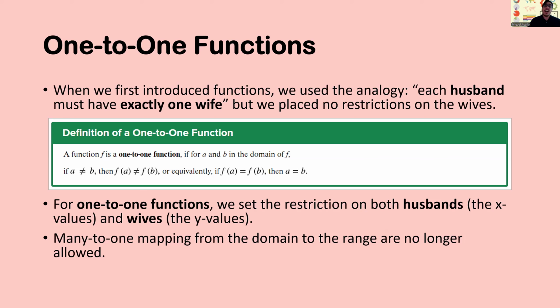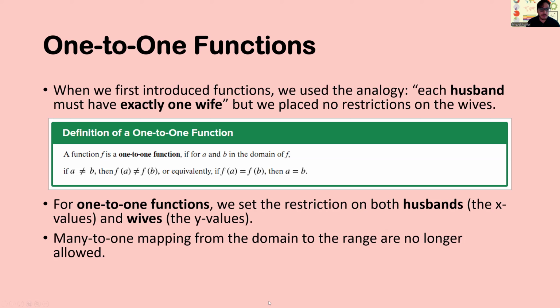And if you haven't read up on other cultures or traveled to other countries, it's not the case that in every culture throughout time monogamy has been the only game in town as far as how human males and females organize themselves, right? So for me, it's really easy to understand that functions are one thing, but one-to-one functions are what we think of as common here in the United States or in the Western world.